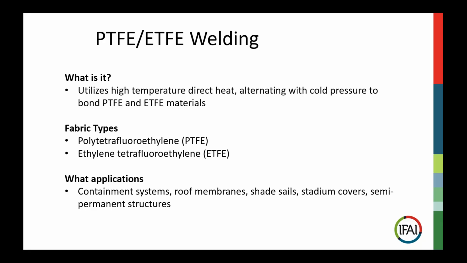Well, there is a way, and in the past, only sewing was used, but now there's a commercially available machine that uses very high temperature with direct heat and alternating cold pressure to bond the PTFE and ETFE materials. The operating temperature of this welder is about 600 degrees Fahrenheit, and the cycle times are pretty production worthy.